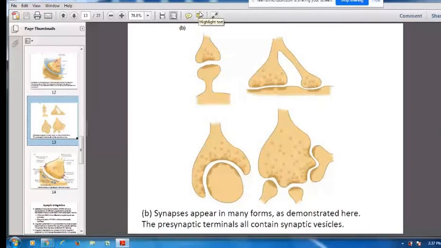For memory and learning, the synapses play a very important role, because once a circuit is formed, the second time we learn, a newer dimension is added. Maybe some more synapses are added to the same circuit. So that has to be revised many times.